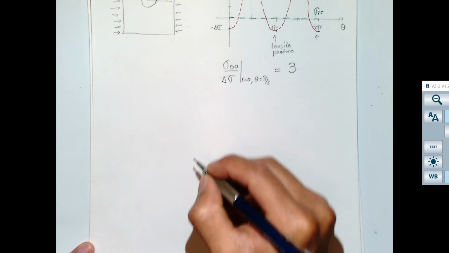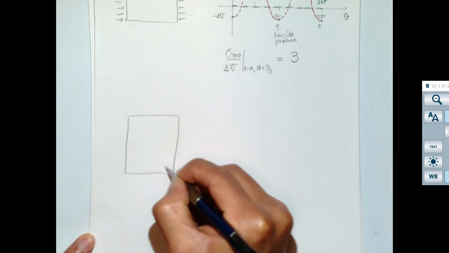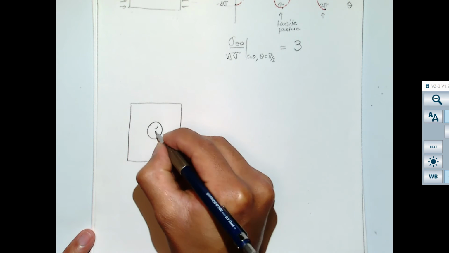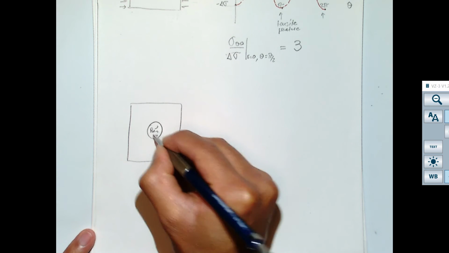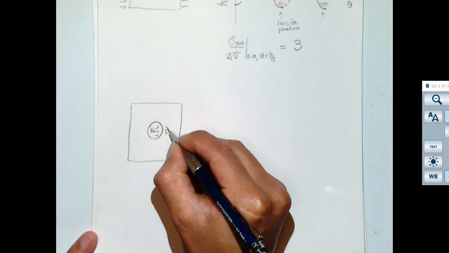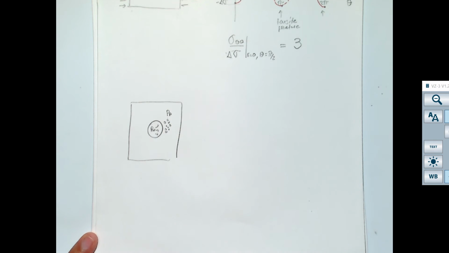So let's say that we have a wellbore, and let's say that we have pressure in the wellbore because we have drilling mud in there, but also we have pore pressure inside the pores of the rock.